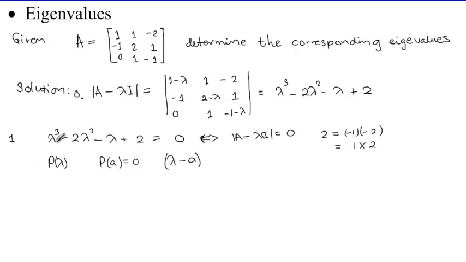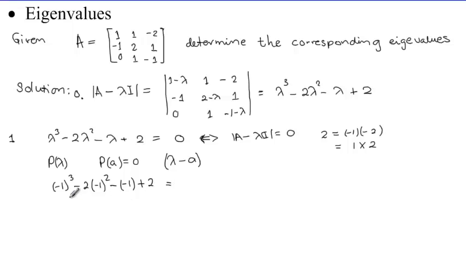Substituting minus 1, we're going to get minus 1 to power 3 minus 2 times minus 1 to power 2, and then minus minus 1, plus 2.